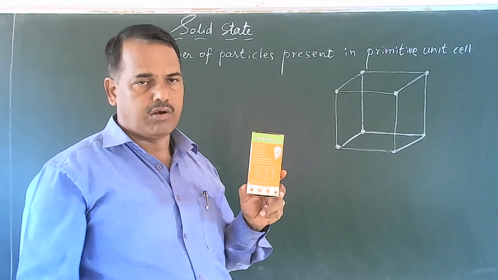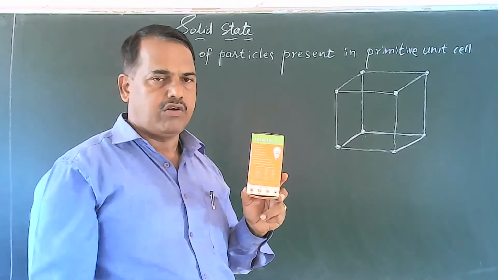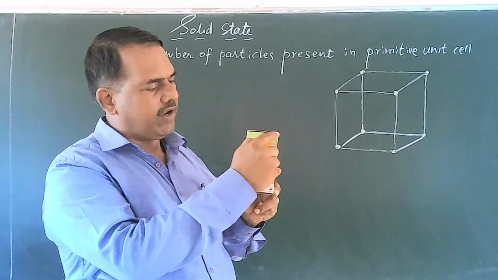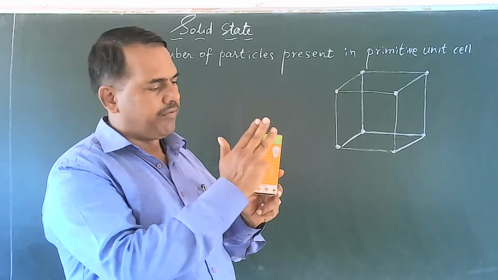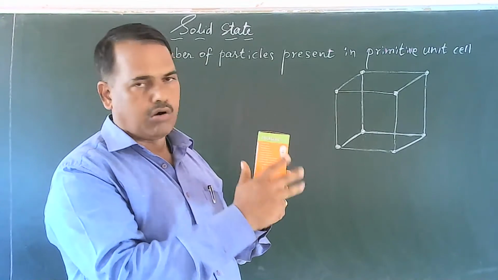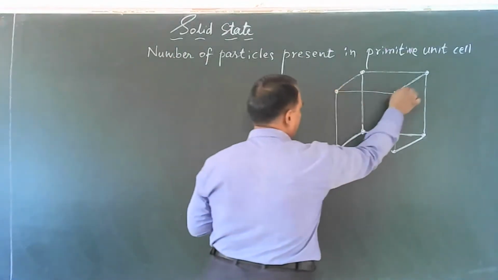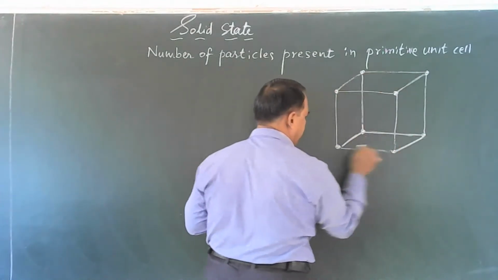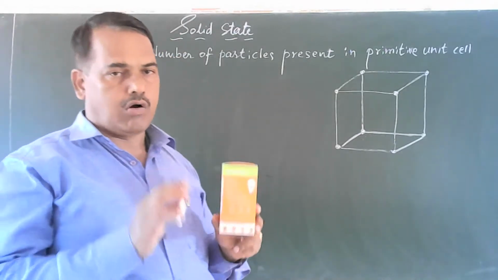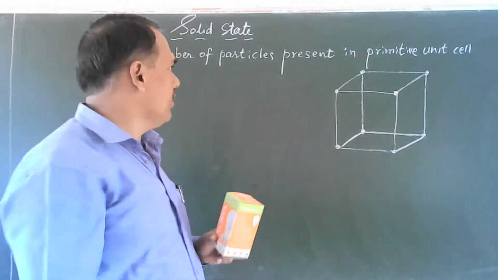See, it is nothing but a face, and you have to see 4 corners, and the back side. Are you clear? So you can observe here also 1, 2, 3, 4, 5, 6, 7, 8. How many corners are there? 8 corners.